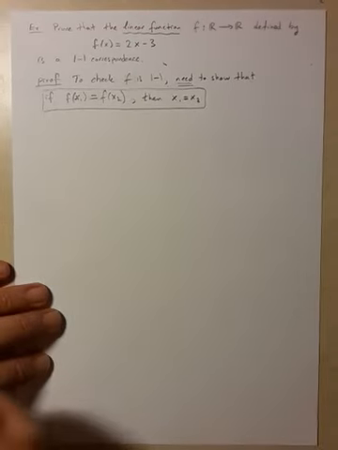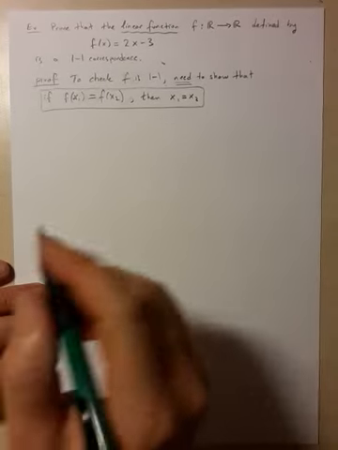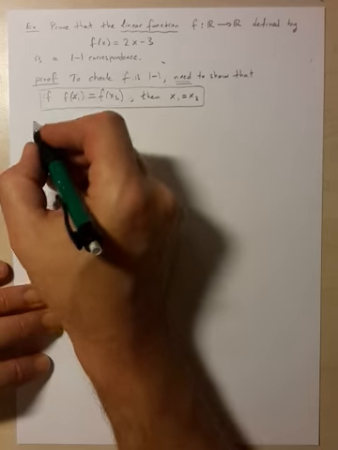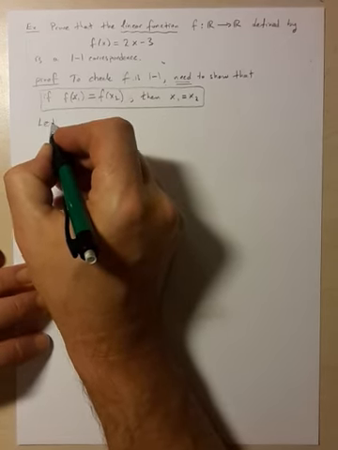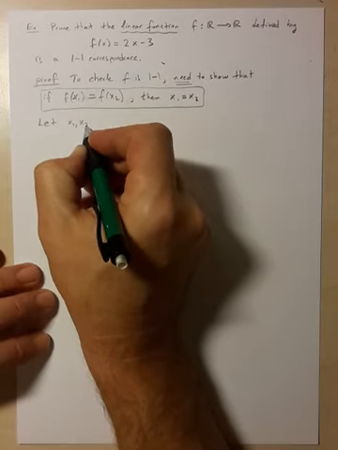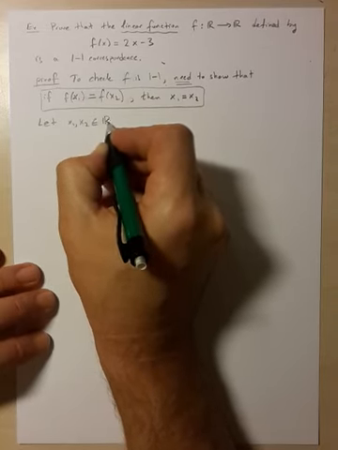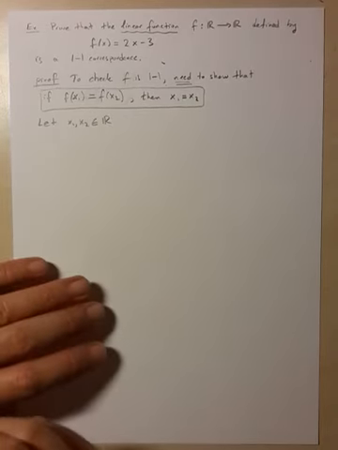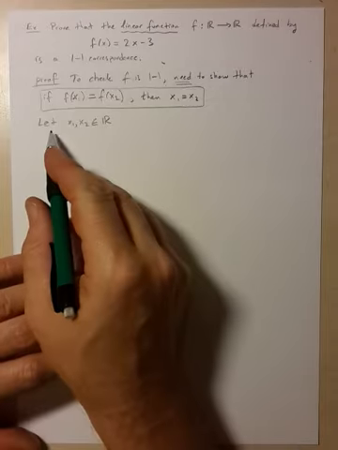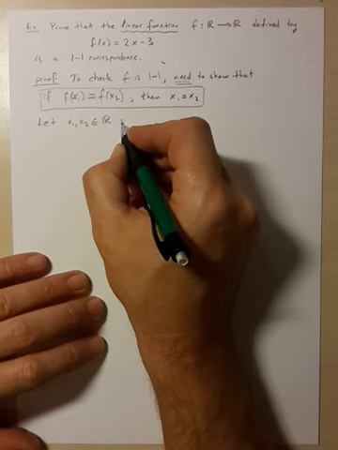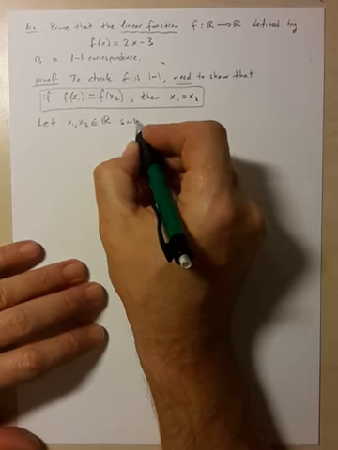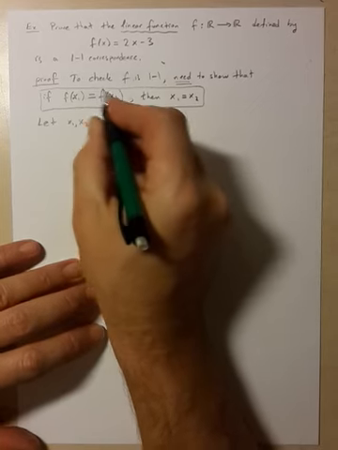So let's show one-to-oneness. For that, let x1, x2 be two real numbers such that this is true.